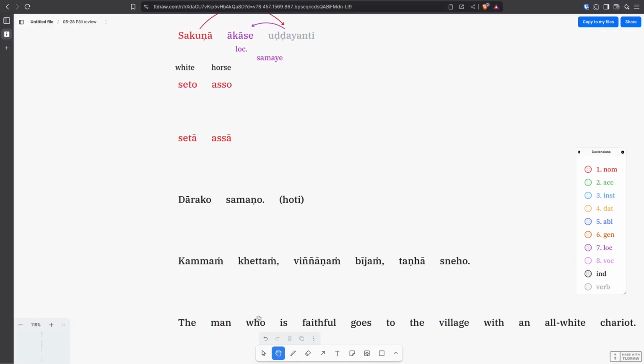And this common construction could already form a sentence. This is what's called the nominal clause, where all the parts of the clause in the sentence are in the nominative. Like in this case, you have the boy, daraka, nominative, and we're qualifying him, that the boy is a samana.